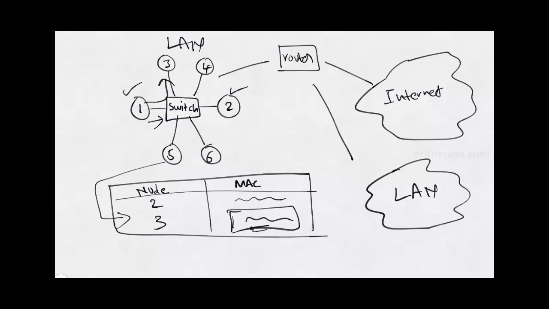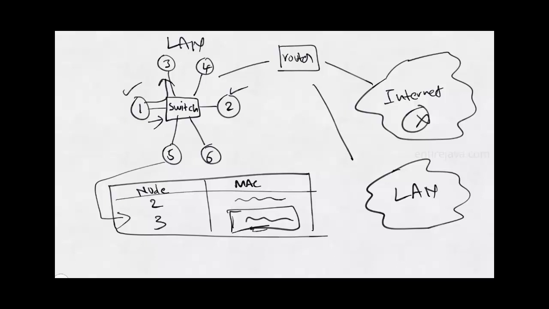Now let's say that you wanted to send data from node number 1 in the LAN to, say, node number X in the internet. This time the packet must have information about the destination element's IP address, or internet protocol address. Unlike a MAC address, an IP address is a logical address, whereas the MAC address is a physical address.